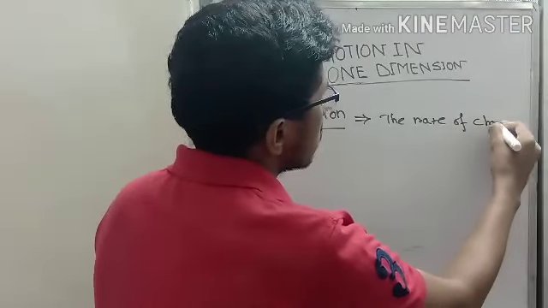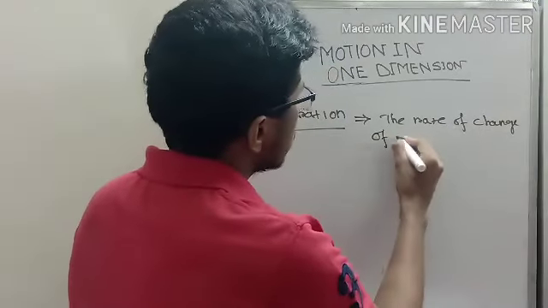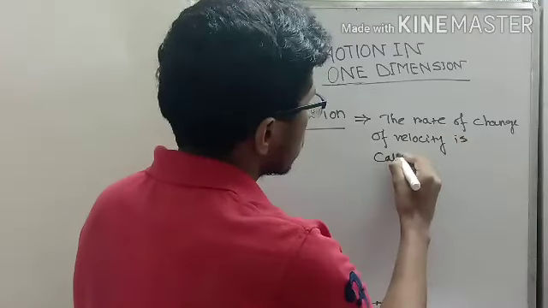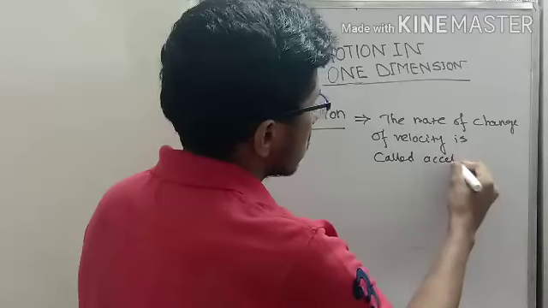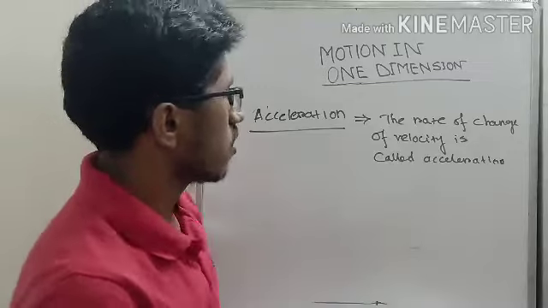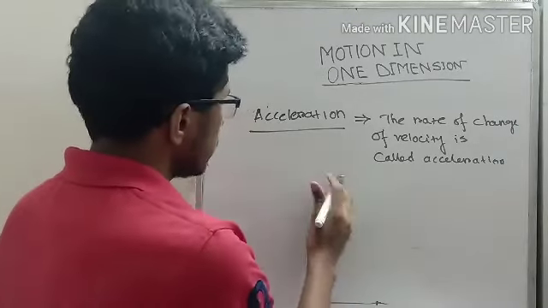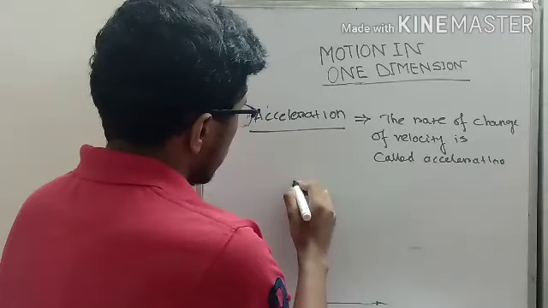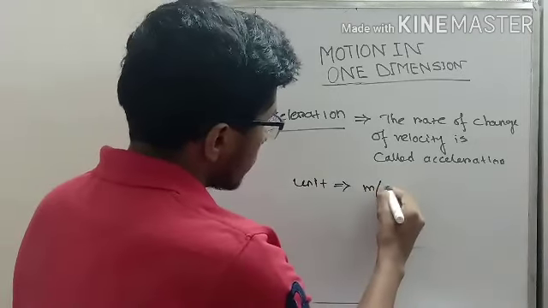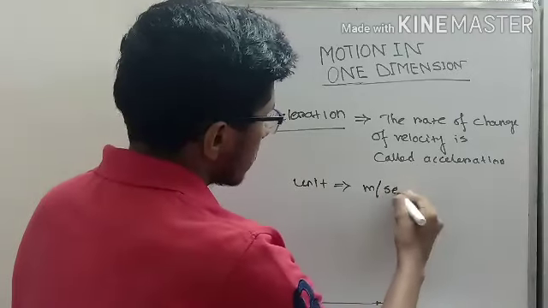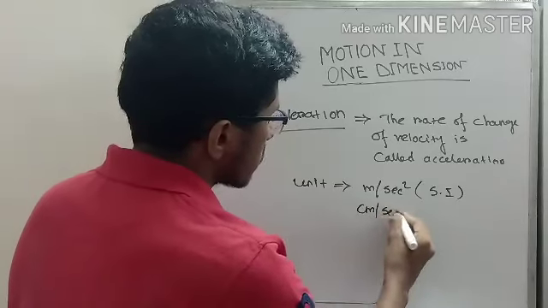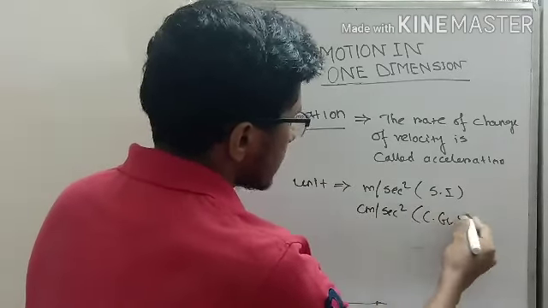The unit is meter per second square for SI and centimeter per second square for CGS.